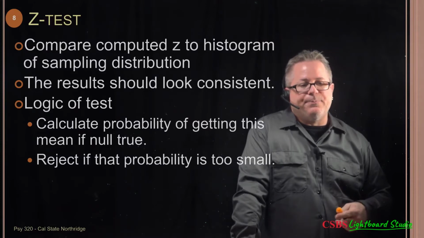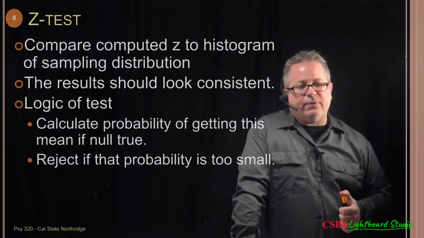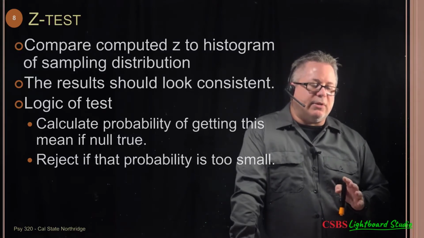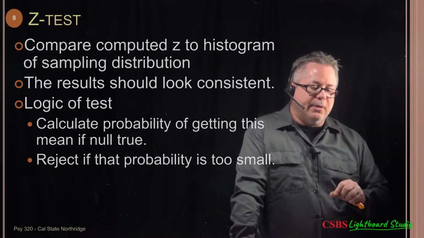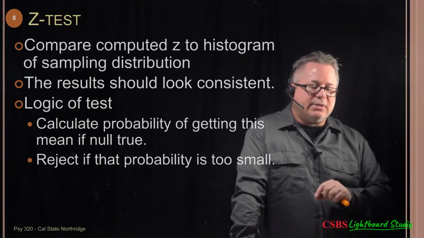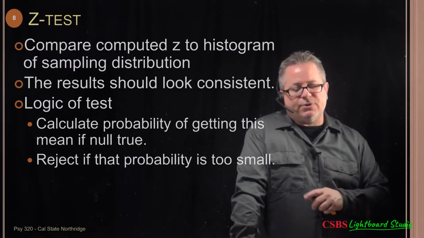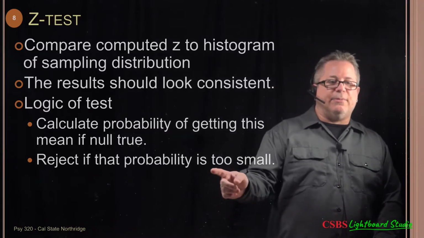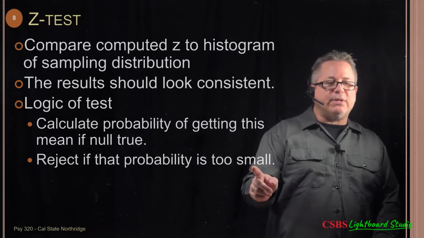In this case, we figured out that 1.64 or 1.96, those cutoff criteria, represented our 5% critical values. Because our test value, our z of 2, is larger than that, it indicates that the probability is smaller than 5%.